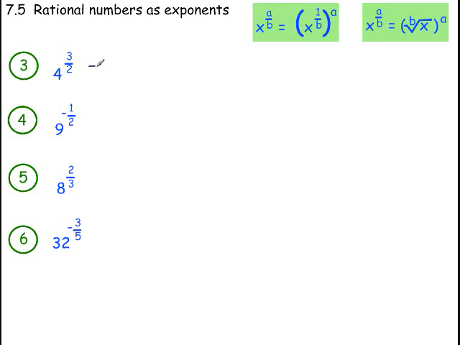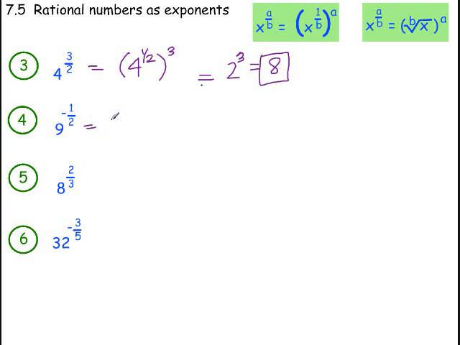How about this one? 4. We're going to take the root to the inside of these parentheses. Leave the power on the outside because what's the square root of 4? 2 to the third power is 8.